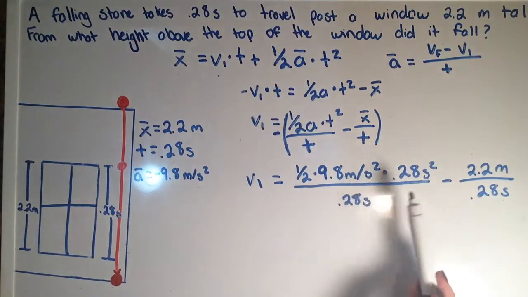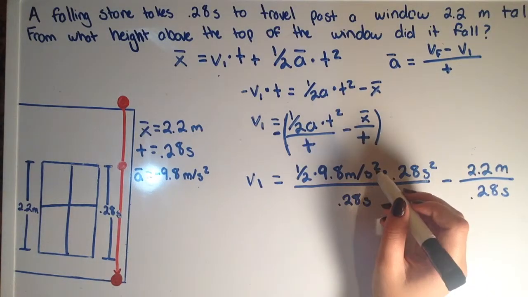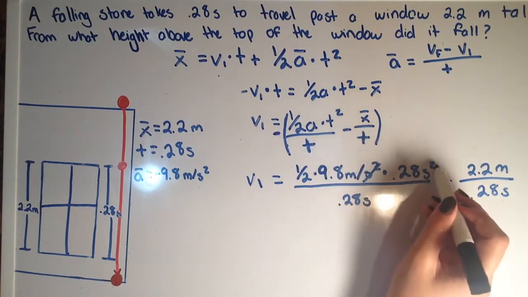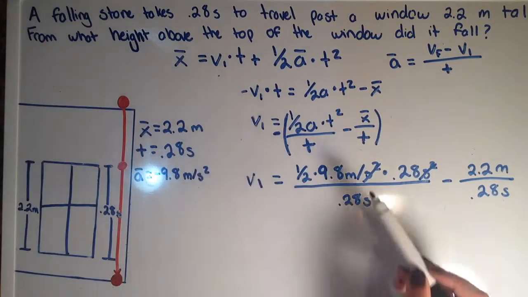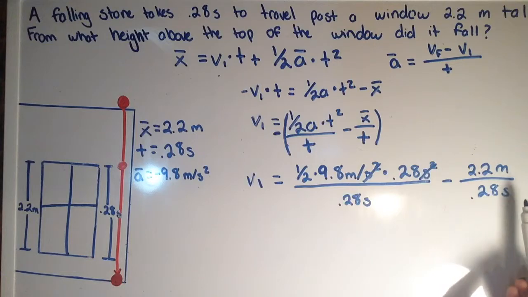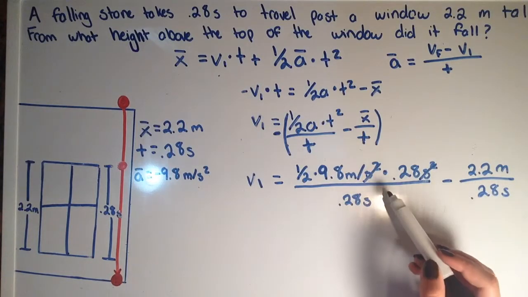So we have all our units present, and the units that we can cancel out are the seconds squared. Those we can get rid of, and what we are left with is meters over seconds on each side. So that would be meters per second, since it's division.